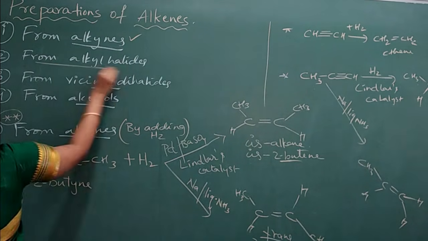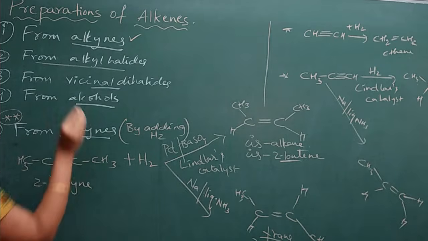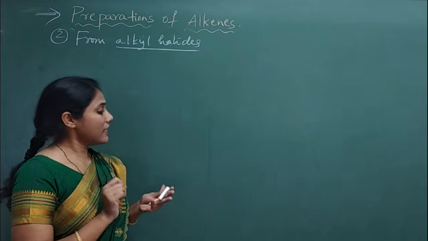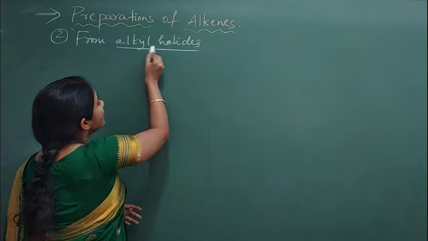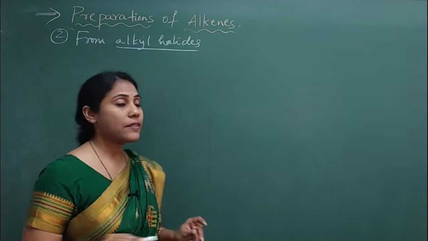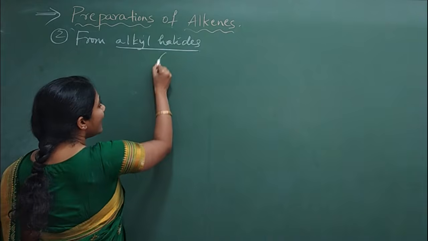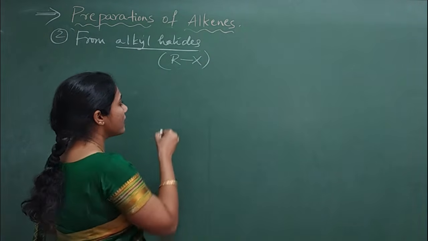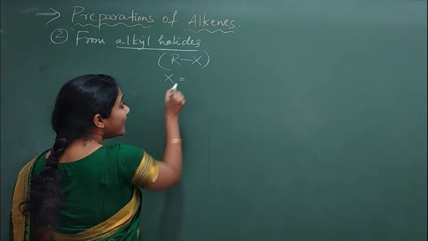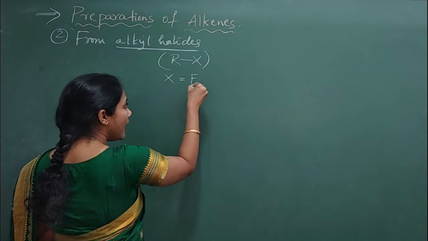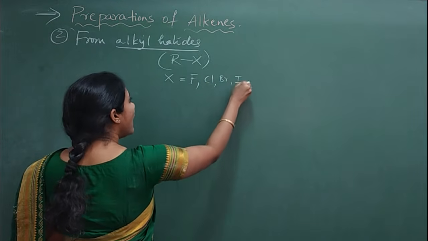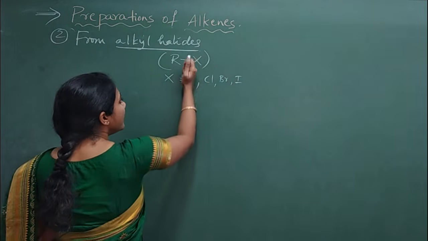Now let us go to how to prepare alkenes from alkyl halides. See guys, first you must understand what we mean by the word alkyl halides. Alkyl halides are compounds which have the general formula RX. Here X can be any halogen: F, Cl, Br or iodine.